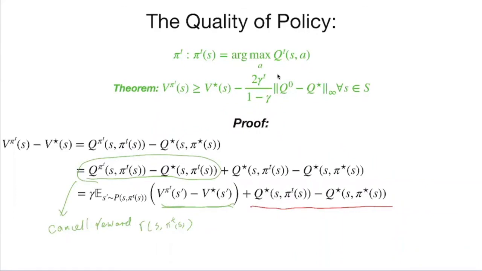Let's draw this picture again. At s, I first follow pi t and then I follow pi star, compared to the process of following pi star directly at s. So we care about the difference between these two trajectories.